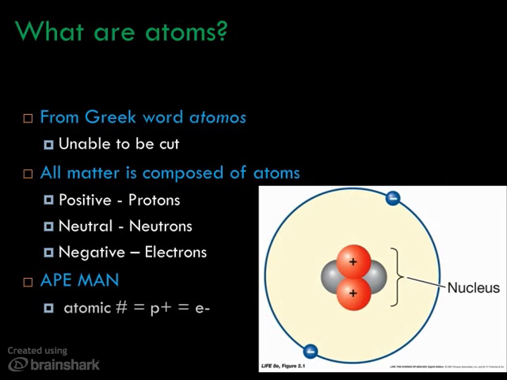MAN: the mass number, the atomic mass, is the atomic number, which is protons, plus neutrons. So APEMAN. That'll come into play in the ionic covalent bond lab we're doing.